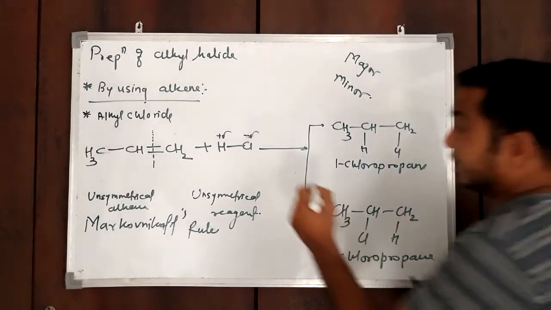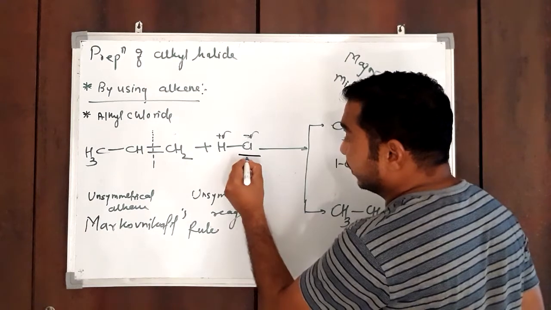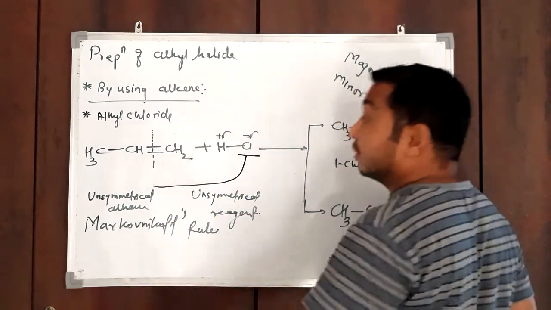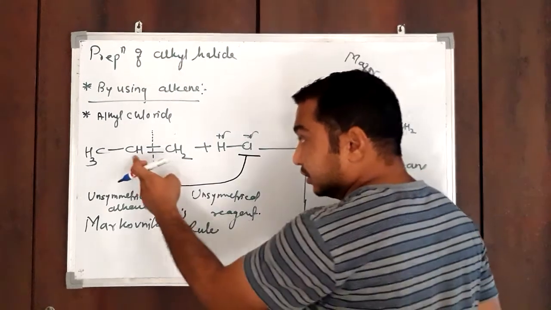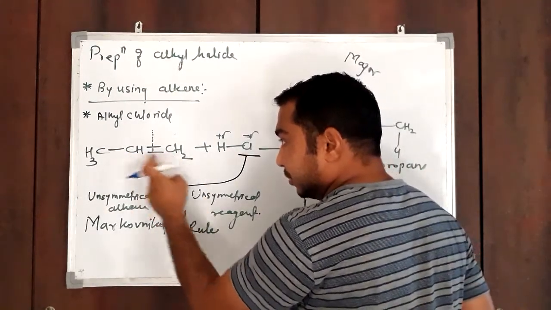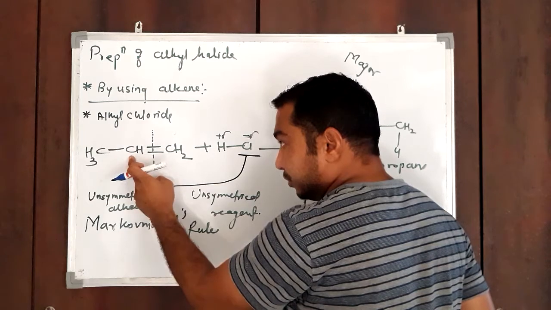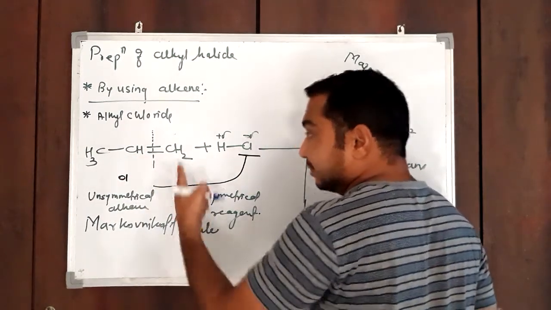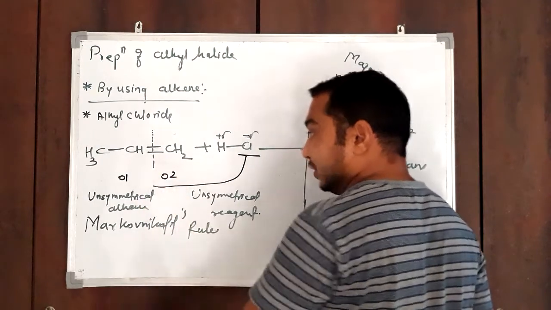Here Cl minus, the negative part of the reagent, attaches to the carbon atom of the double bond having fewer hydrogen atoms. See, these are the two carbon atoms of the double bond. This carbon contains one hydrogen atom, and this carbon contains two hydrogen atoms.